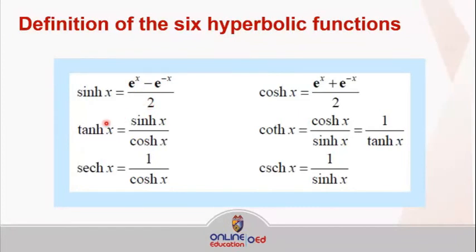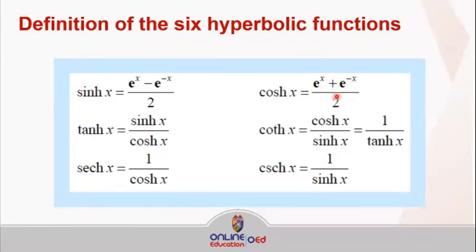And for the tangent naman natin, tanh x, we have the sinh x over the cosh x. And we also have the sech x is also equivalent lang siya sa 1 over the cosh x.